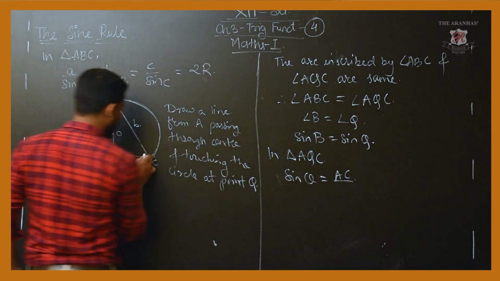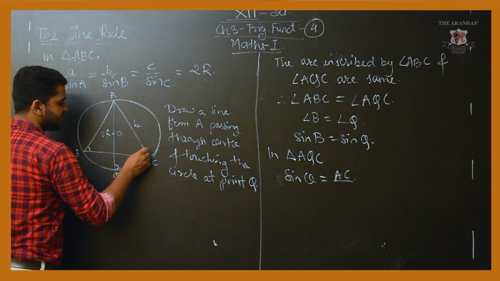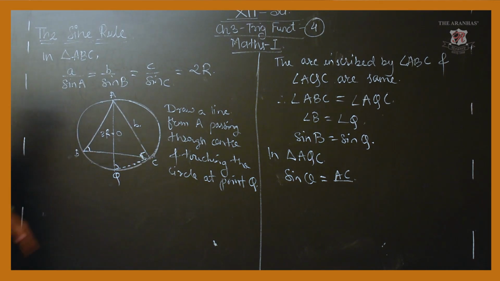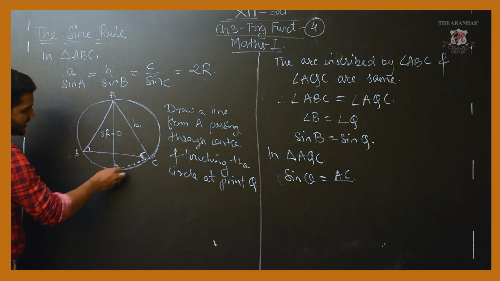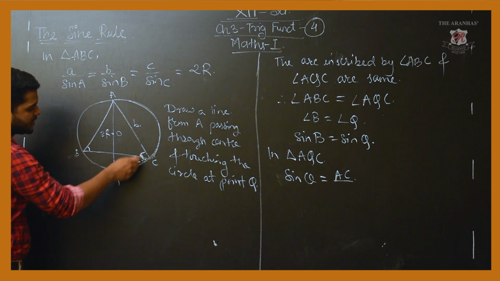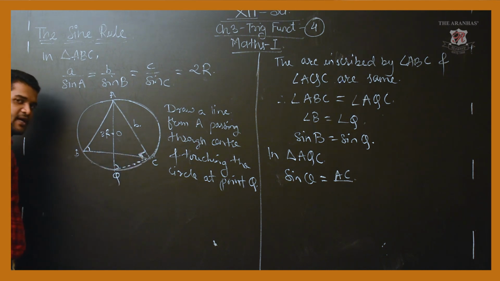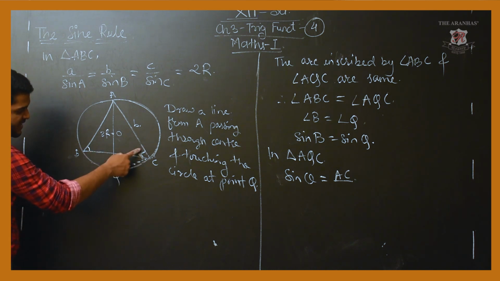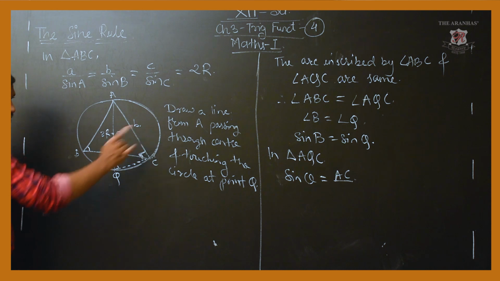See, this is 90 degree. We cannot apply this rule unless the triangle is a right angle triangle, and this has become 90 degree because if an angle is inscribed by a diameter, it is always 90 degree. Correct? It is a right angle triangle. This property you have also learned in 10th standard. So that is why I can apply this rule.